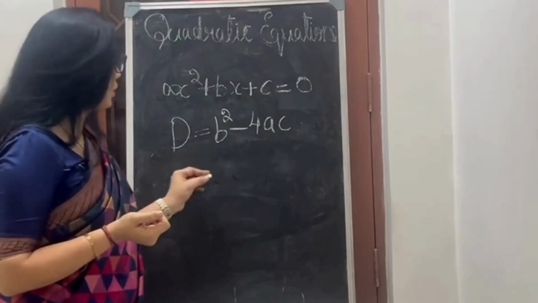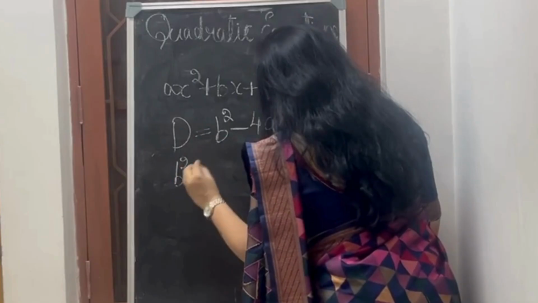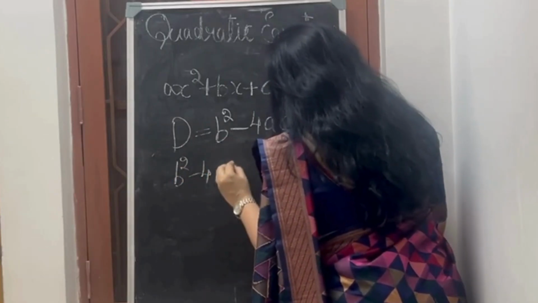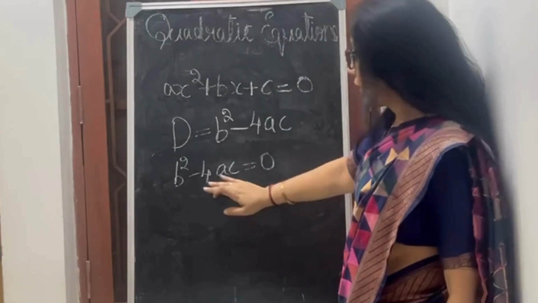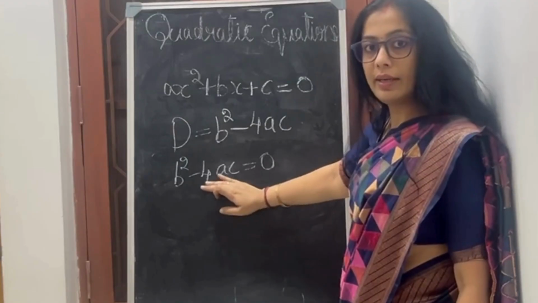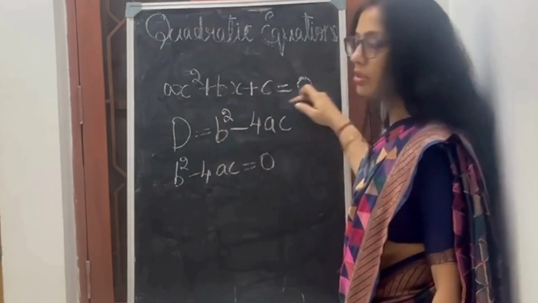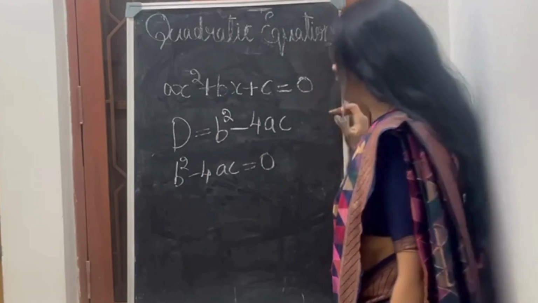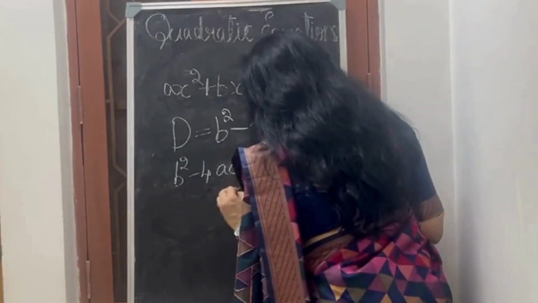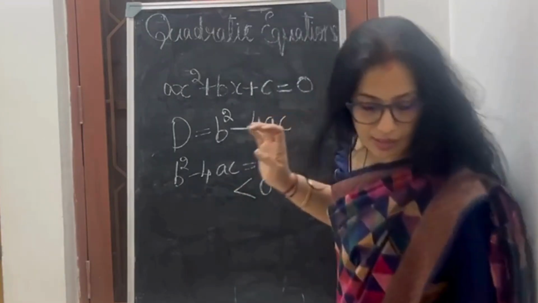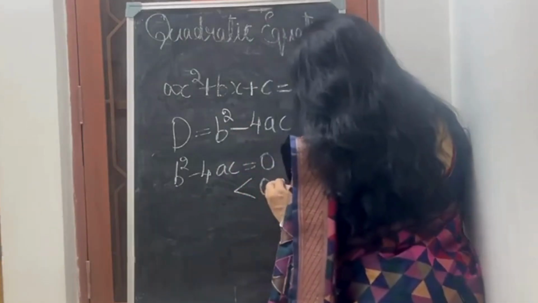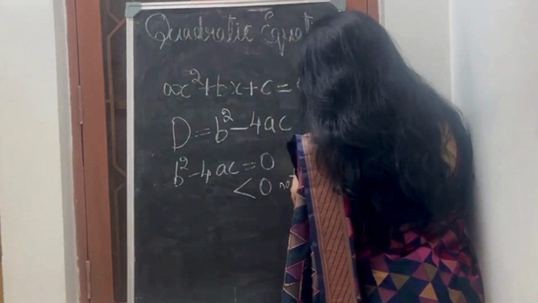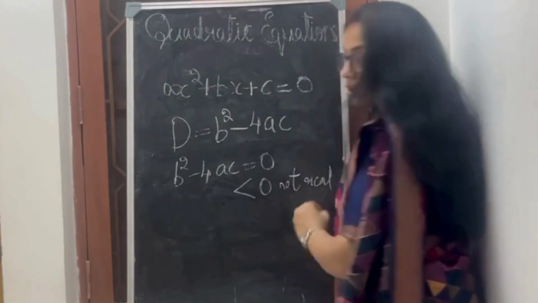Now if the discriminant b² minus 4ac is equal to 0, then the roots are real and equal. If it is less than 0, the roots are not real.